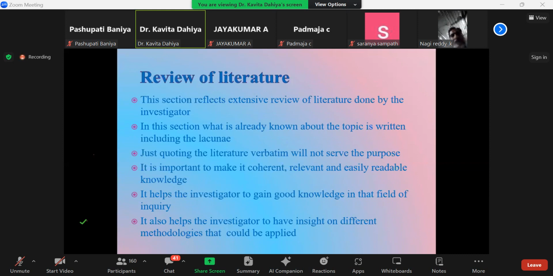And it also helps the investigator to gain good knowledge in the field of the inquiry. If I'm talking about the reasons why the literature review is conducted, then to see what exactly has or has not been investigated, it also assists you to develop the general explanation of observed variations in the behavior or the phenomena.